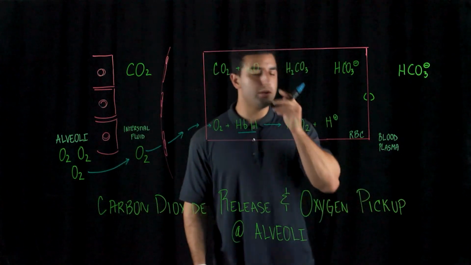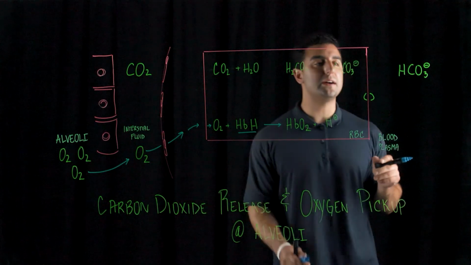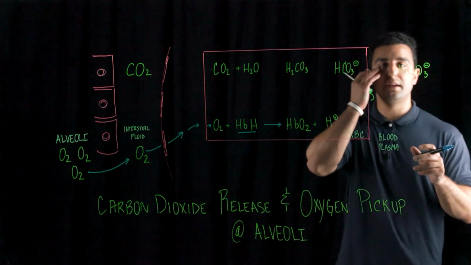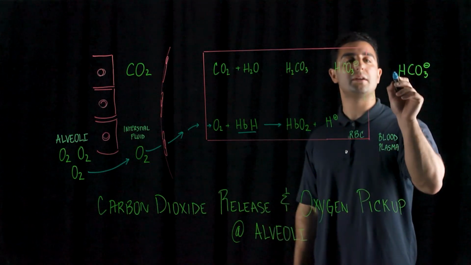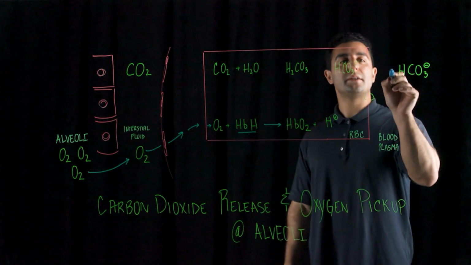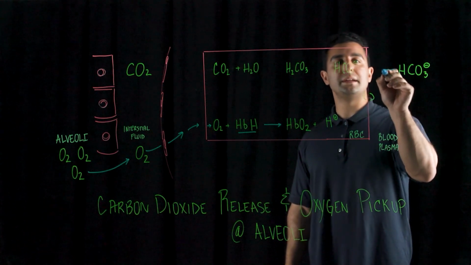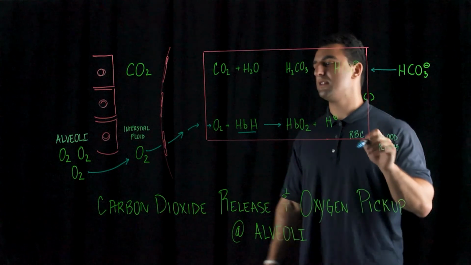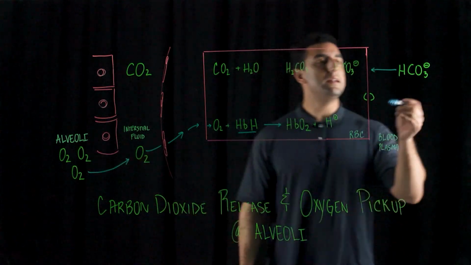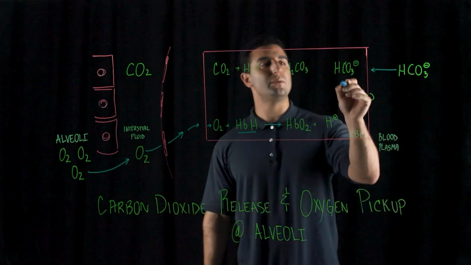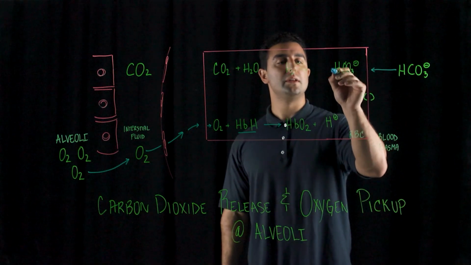Now, if you remember from when we talked about carbon dioxide, the most efficient way it's transferred is as bicarbonate. Bicarbonate now, when we get to the respiratory system, specifically in the alveoli, diffuses back into the red blood cell here.